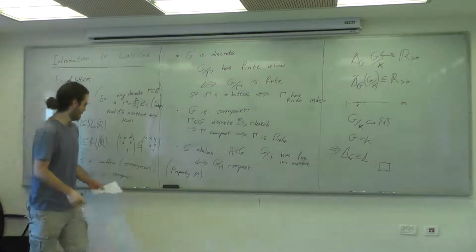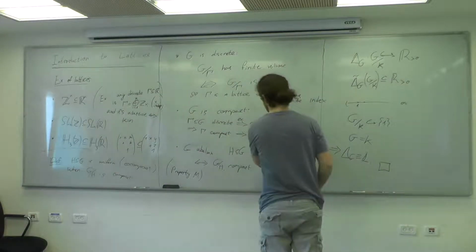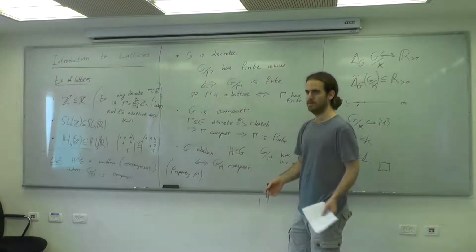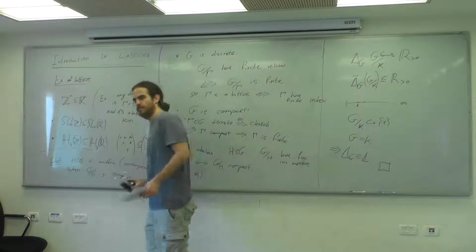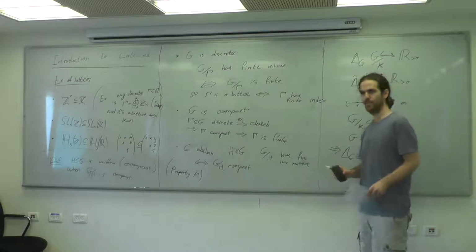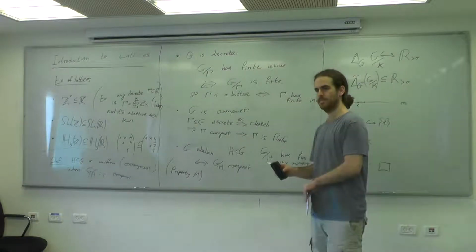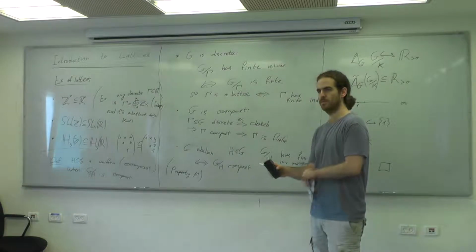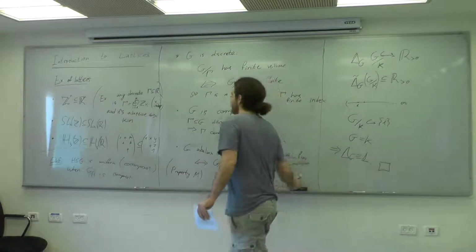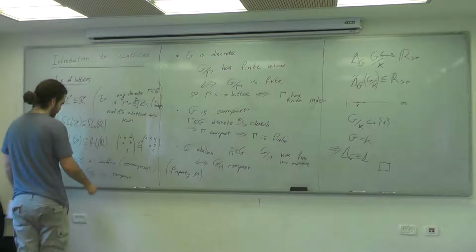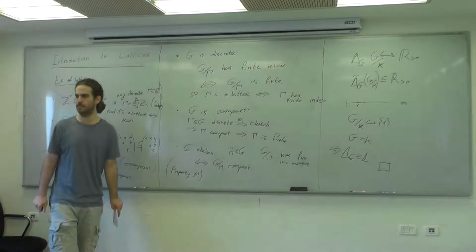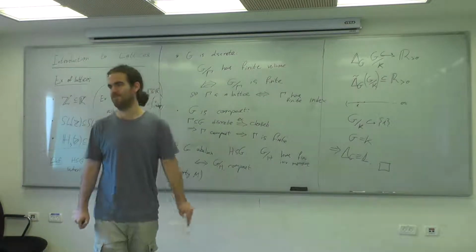So if the quotient has finite invariant measure if and only if it's compact for any H, then G is said to have property M. It's usually 'uniform' only for lattices. People do say uniform lattice, or co-compact lattice. But usually if it's a general subgroup, people say co-compact, and if it's a lattice, people say uniform.